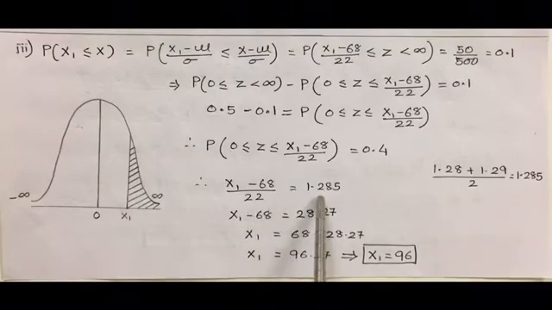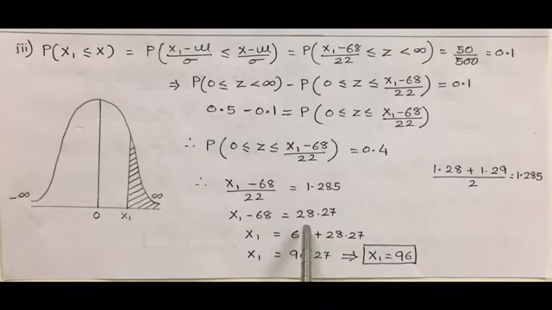Taking 22 to the other side it becomes 28.27. Adding 68, the value of x1 is 96.27, which gets approximated to 96.